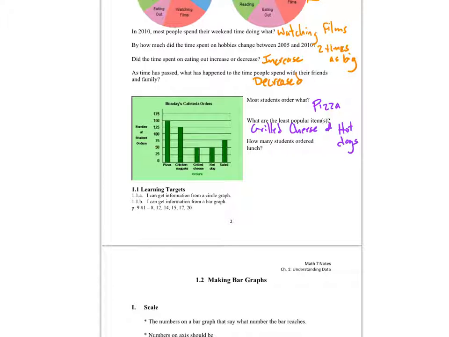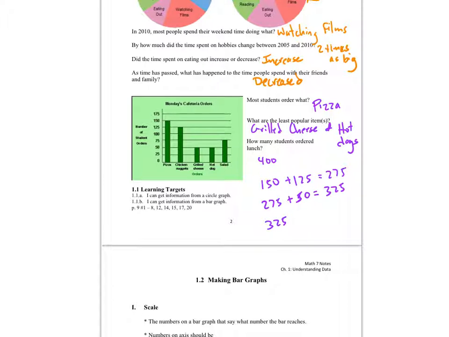Okay, this last one's going to take some math power. How many students ordered lunch? 400. So what did you do to get 400? 150 plus 125 is 275, and then plus 50 is 325, and then 375, and then 400.